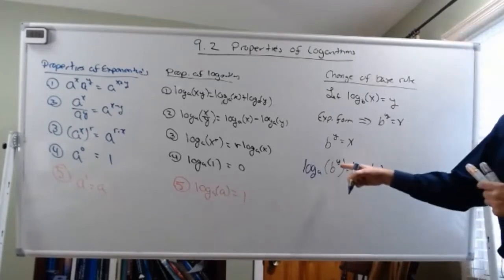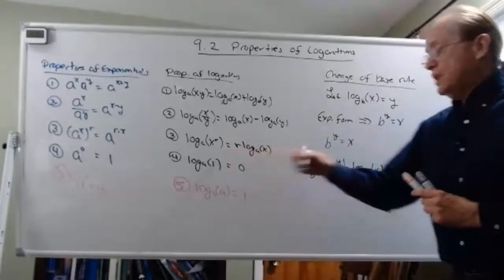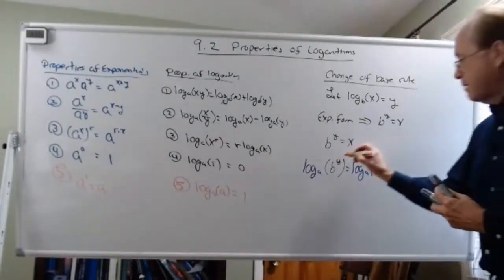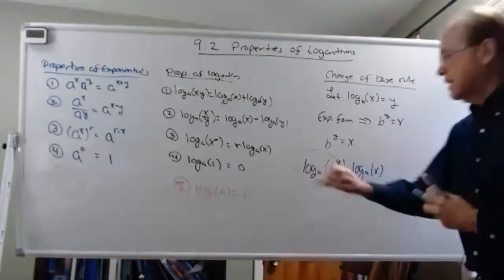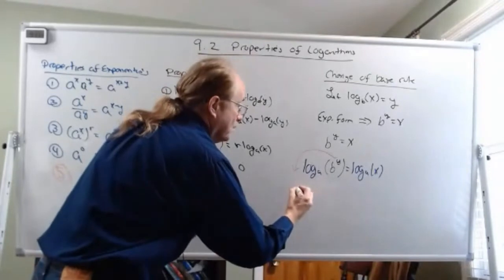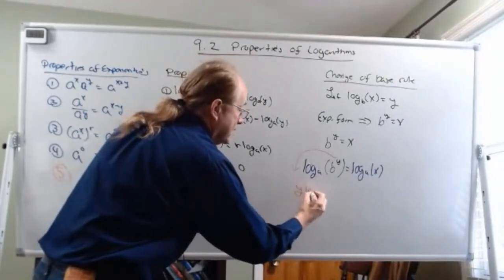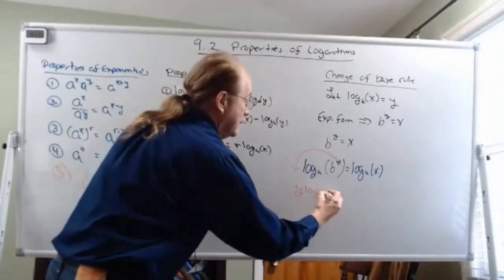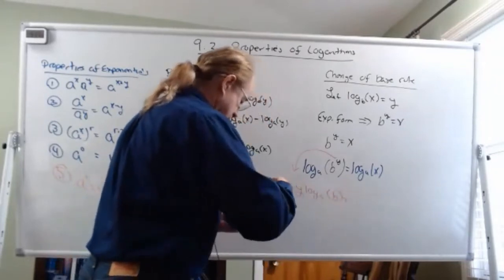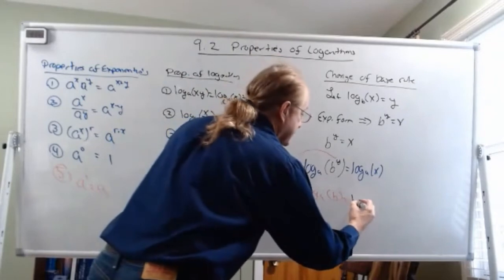Okay. Now I can use property 3 over here, meaning I can bring down that exponent. So I can rewrite this now as y times the log in the base a of b is equal to the log in the base a of x.